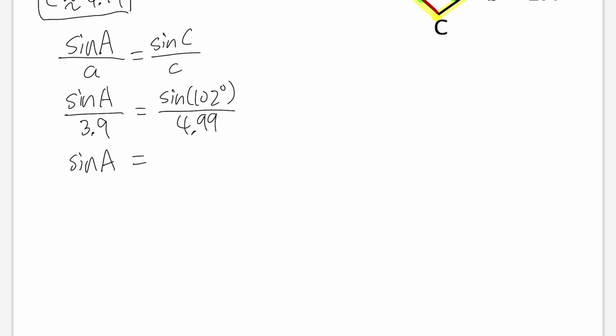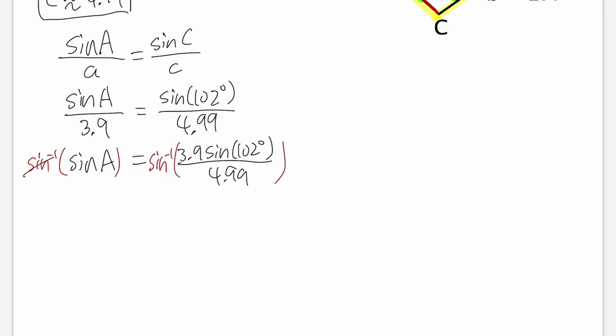Sine A equals, after we multiply 3.9 on both sides, right? As you can see, it's more writing, but hopefully this makes it more clear. However, if you are comfortable with what we did earlier, then you can show work like that.